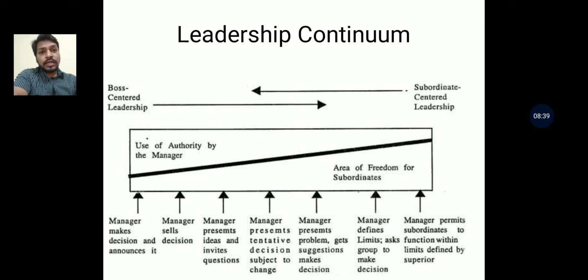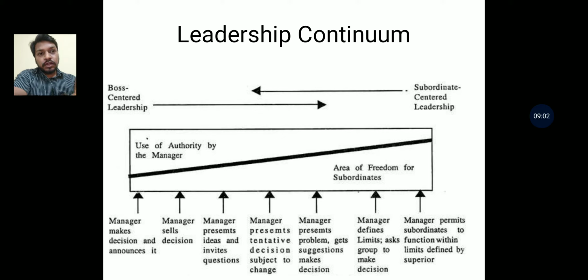If you look at it, imagine the bold line which starts from the left hand side and goes to the right hand side. Imagine a manager who enters a particular company. In the initial years, he will not be given a lot of freedom. His freedom will be limited.